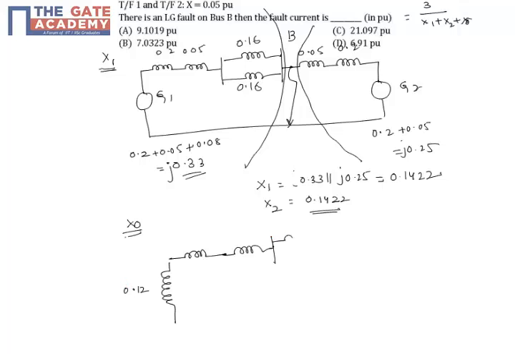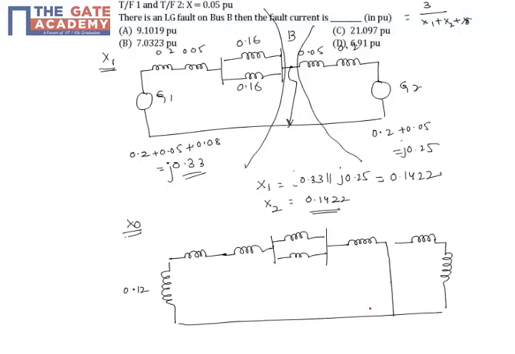After the transformer I have the transmission line, then after the transmission line again a transformer. Here the transformer, how you have to represent? On this end it will be like this, then it will be grounded, and here it is open, then the generator reactance, and after that the generator neutral reactance.